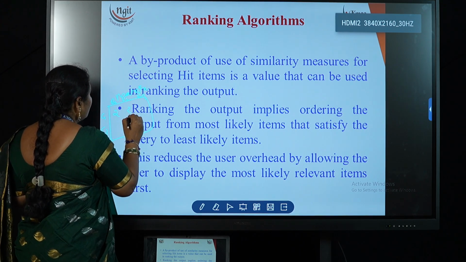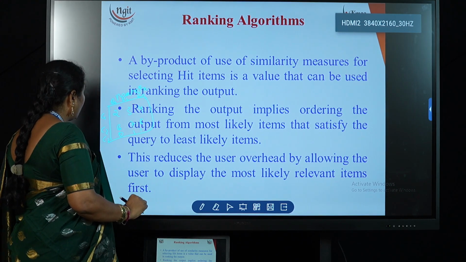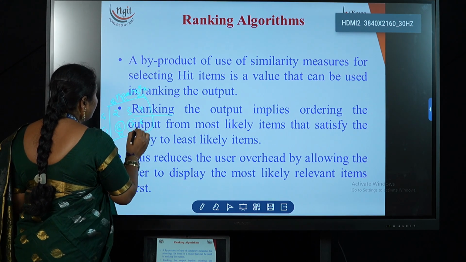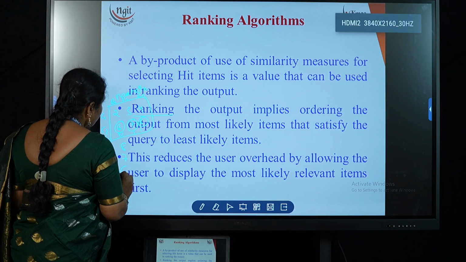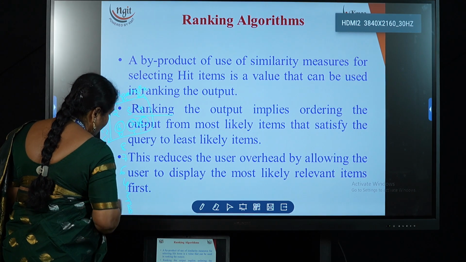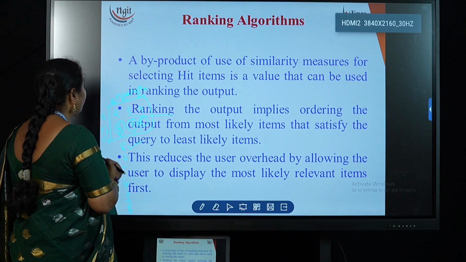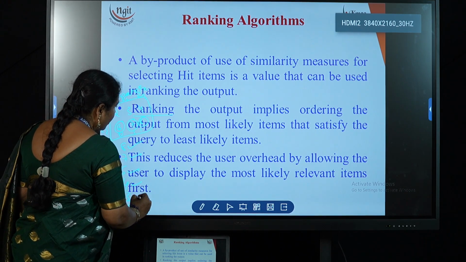Suppose I am getting 2, 3, 4, 6, 7, 8, 0, 1, 1. Whenever you are doing the ranking, you will do it in ascending order, or descending order: 8, 7, 6, 4, 3, 2, 1, 0. This ranking will tell that 8 has the highest relevancy when compared to all other items. Similarly, we will go in this order.